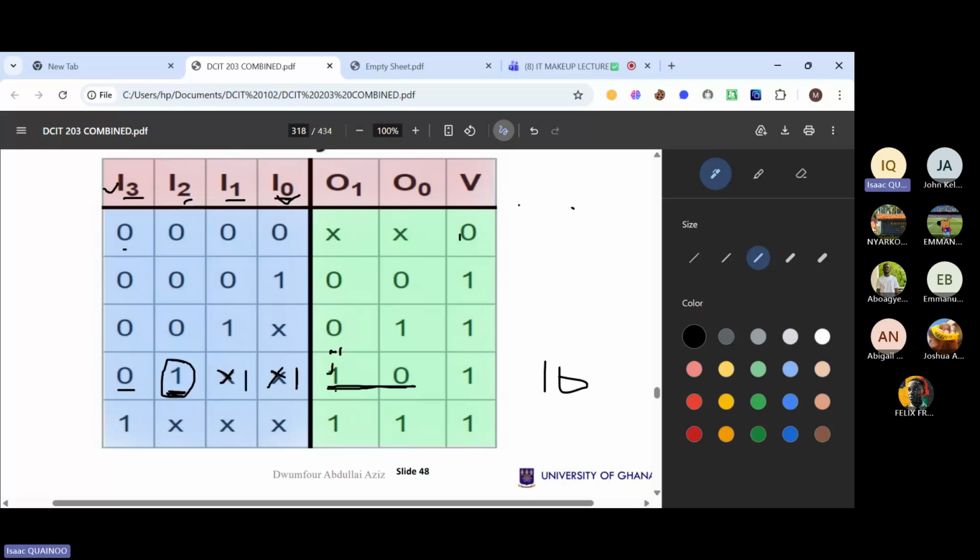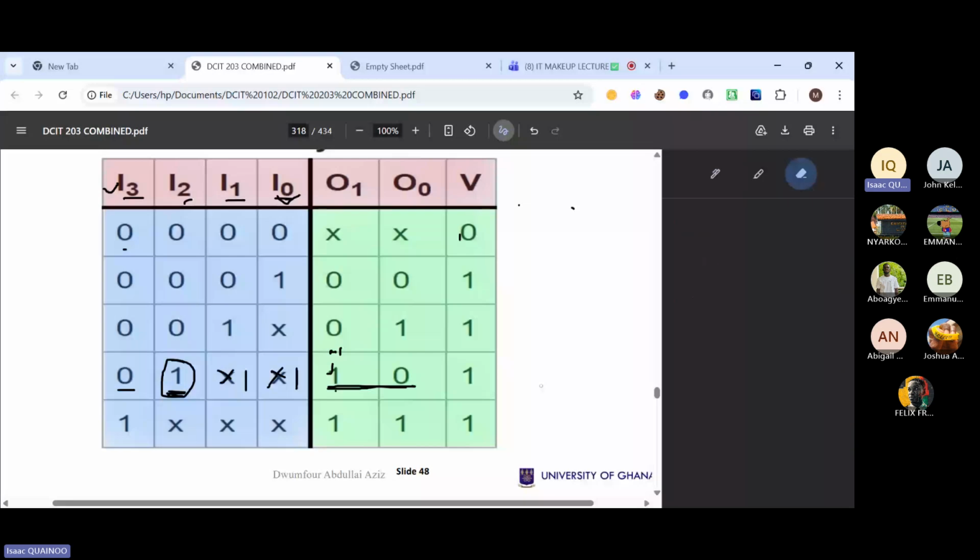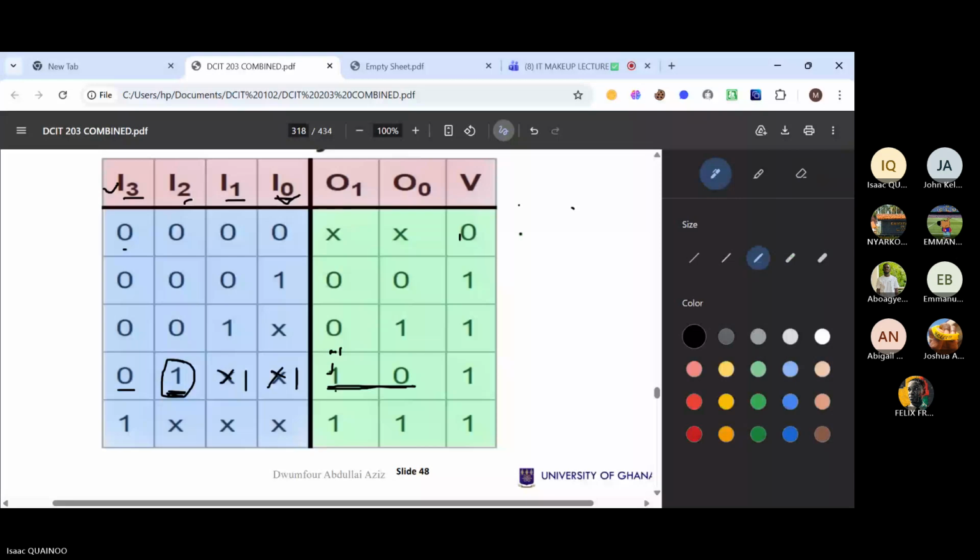Yeah, exactly. So basically, without drawing your truth table, you can know the answer by putting down the combination. So you have 0, 1, 1, 1.